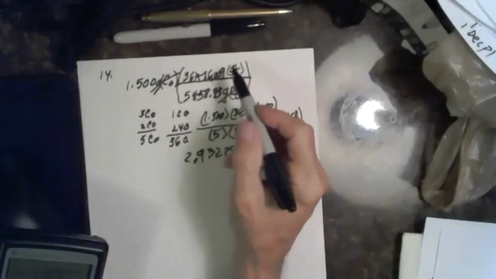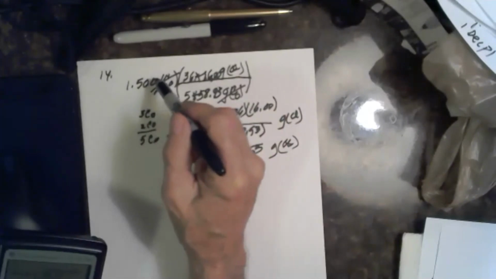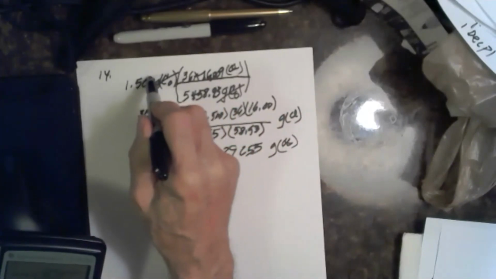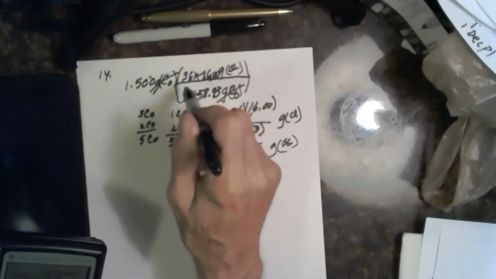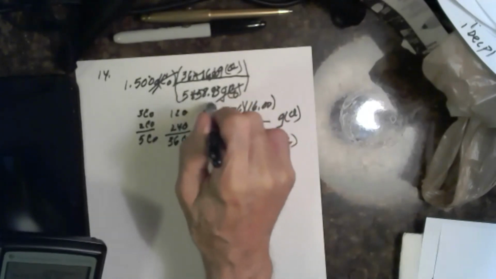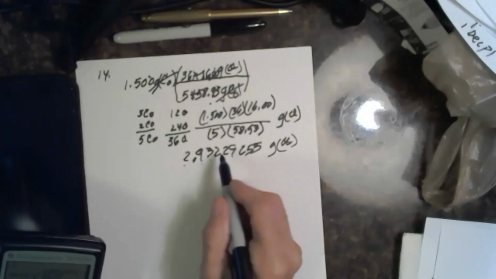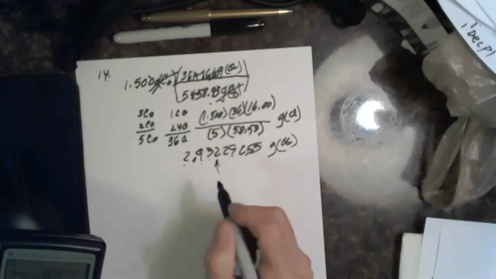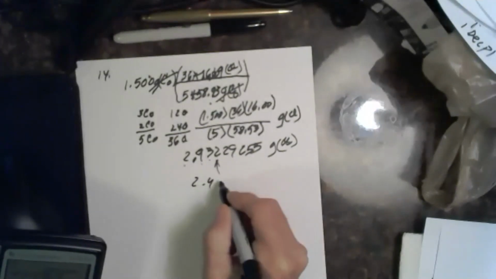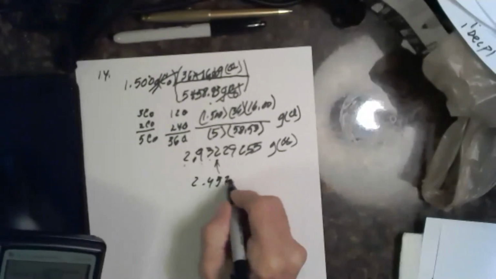And I look at my answers. 1.500 is 4 significant figures. Infinite, infinite, 4 and 4. Answer should round off to 4 significant figures. 1, 2, 3, 4. Should be right there. 2.932.